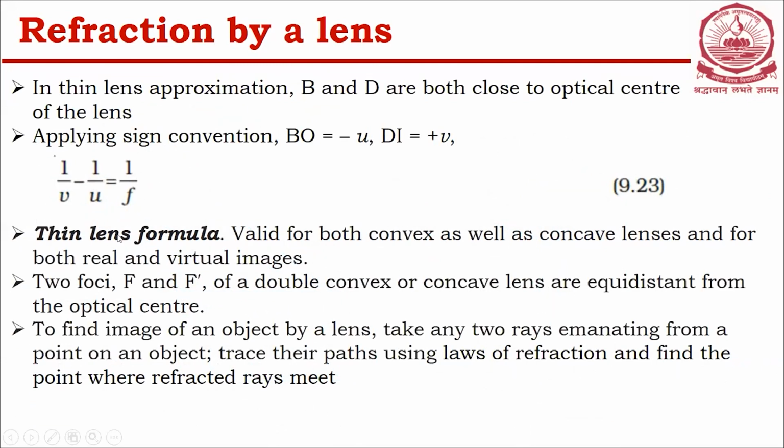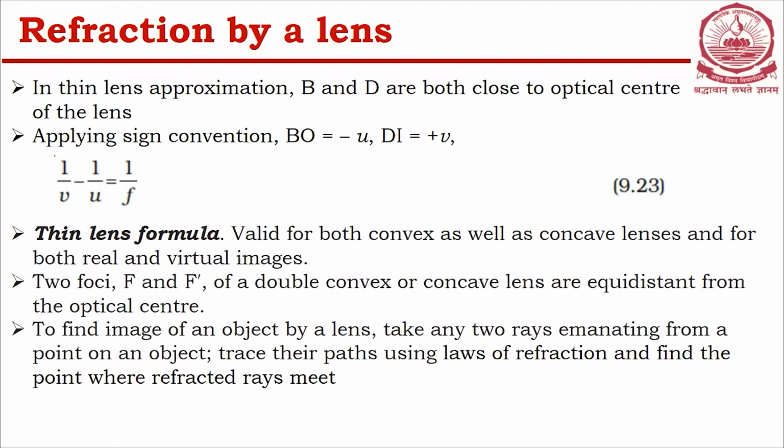This thin lens formula is valid for both convex as well as concave lenses and for both real and virtual images. Whenever you consider a lens, there are two foci, F and F dash. For a double convex and double concave lens, these F and F dash are equidistant from the optical center, which you know very well.